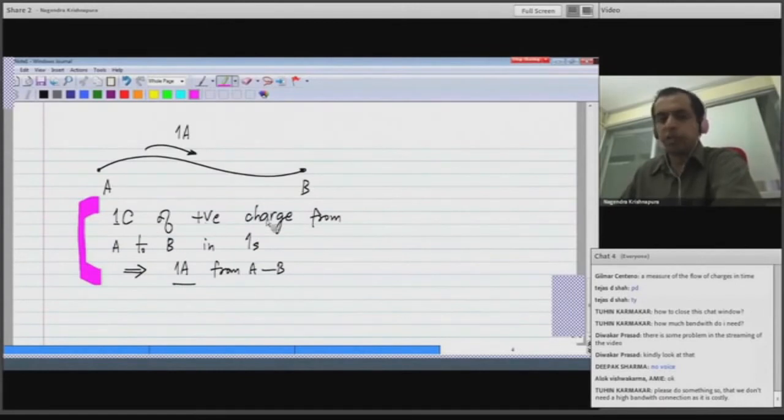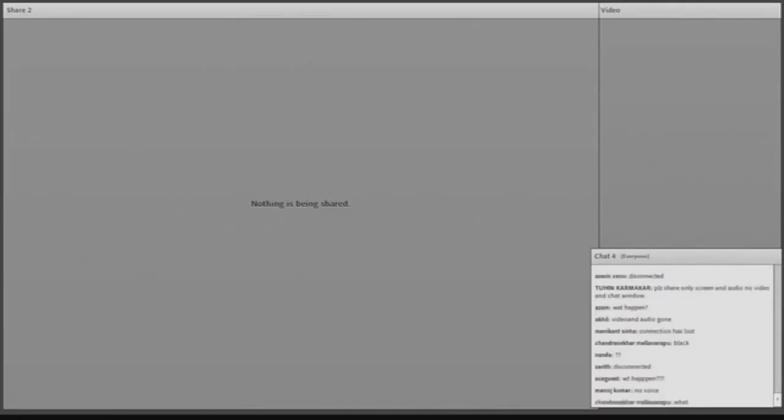Now I could also show the exact same situation. I believe things were interrupted for a little while. What I was saying was that a current of 1 ampere means that a charge of 1 coulomb is carried in 1 second.